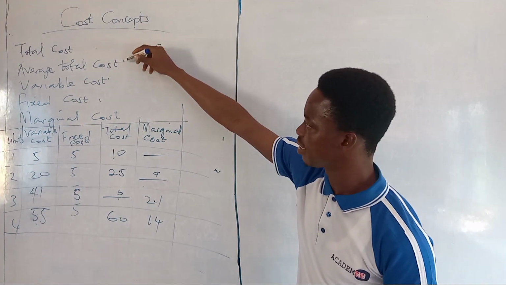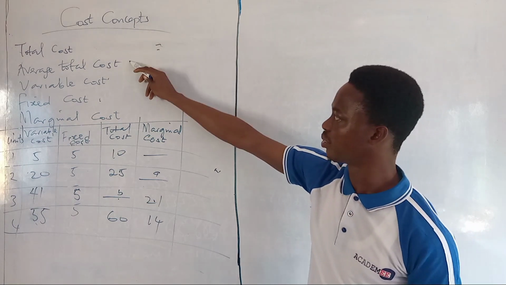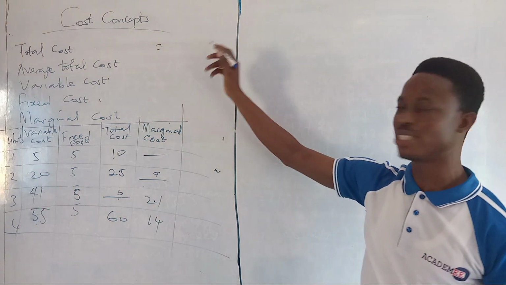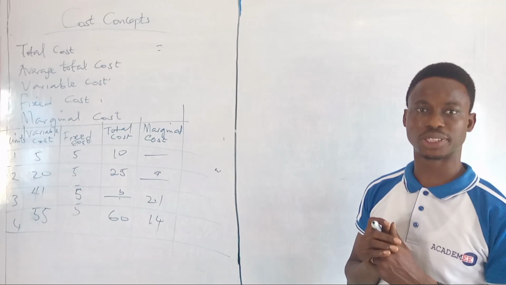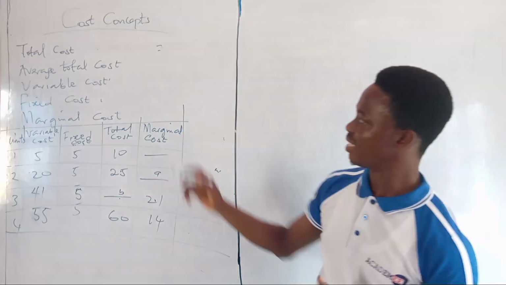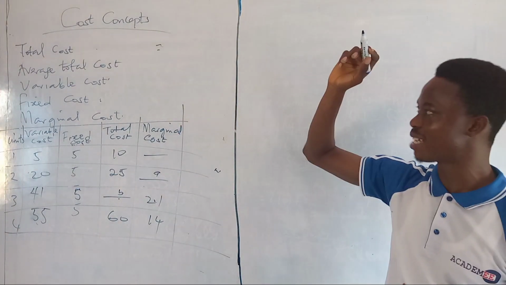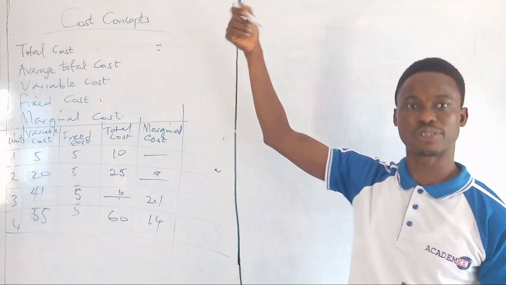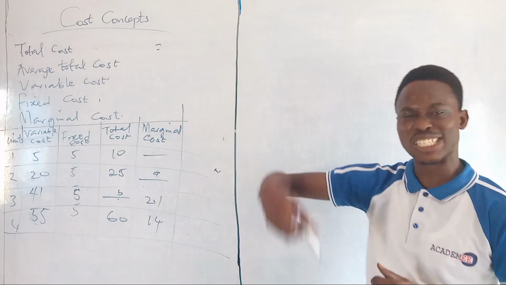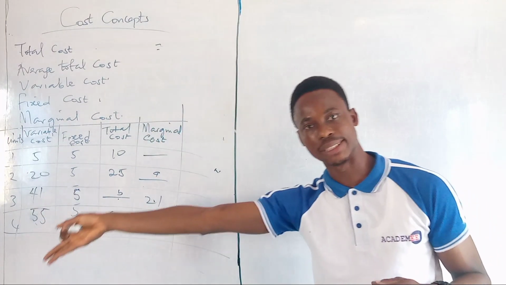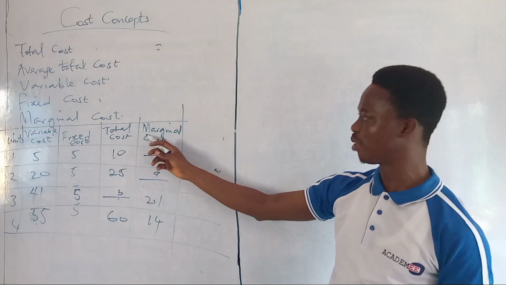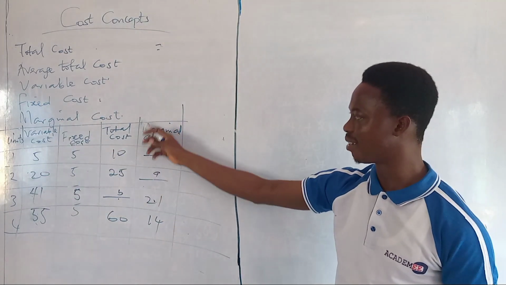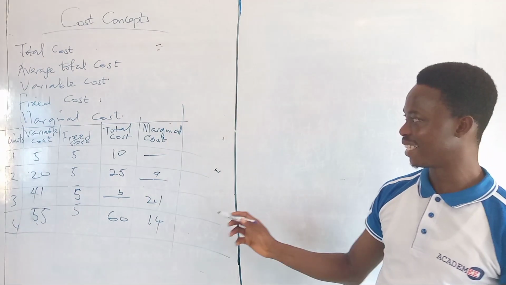Average cost is total cost divided by the quantity of units produced. And marginal cost is the change in total cost over the change in quantity produced subsequently.